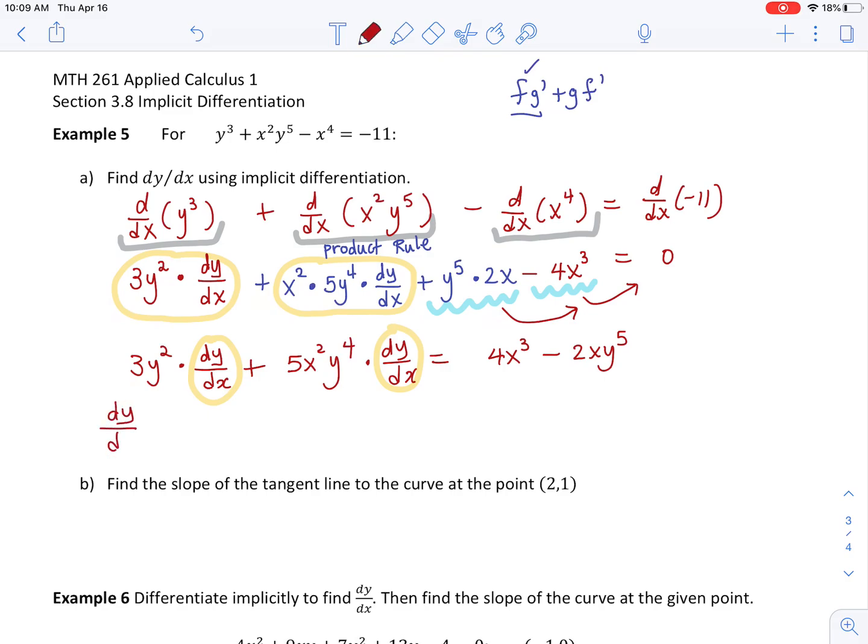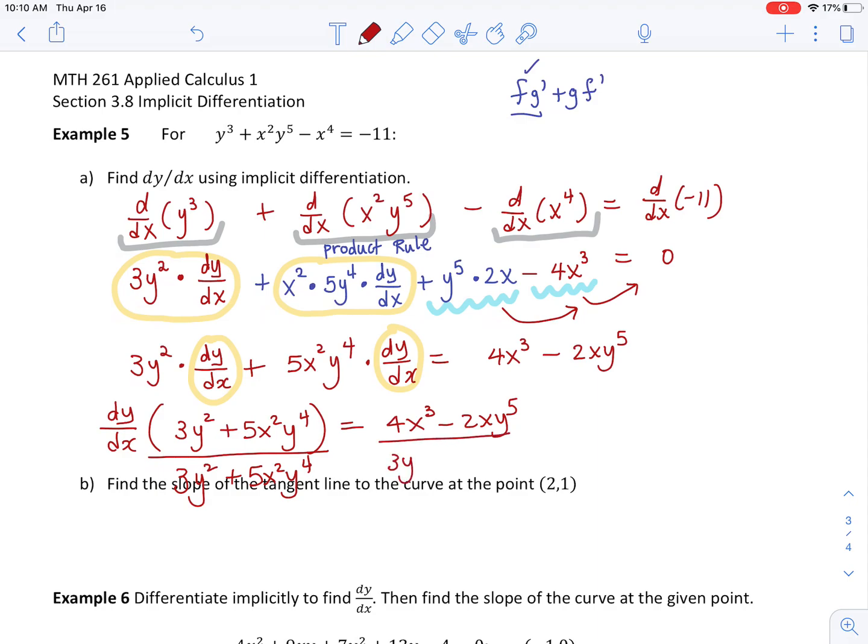Alrighty, now I'm going to factor out my dy dx in front. So that will be dy dx times, what's inside the parentheses? 3y squared plus 5x squared y to the 4th. All that equals our good 4x cubed minus 2x to the 5th, who's just patiently waiting. All right, almost done, right? We're just going to divide everything by 3y squared plus 5x squared y to the 4th.